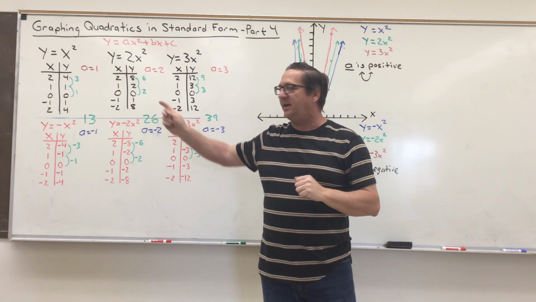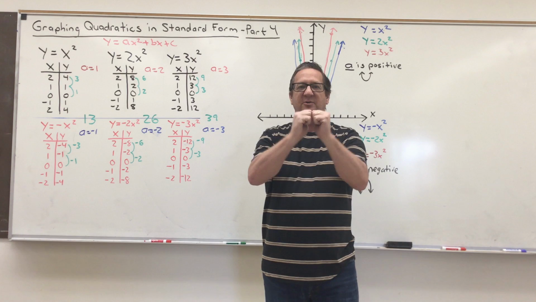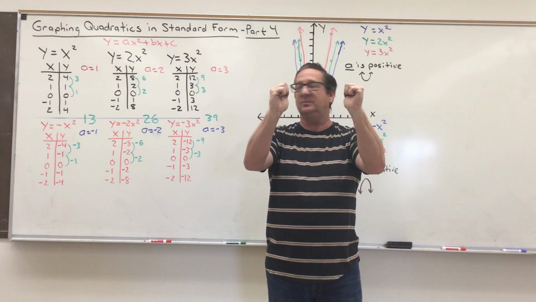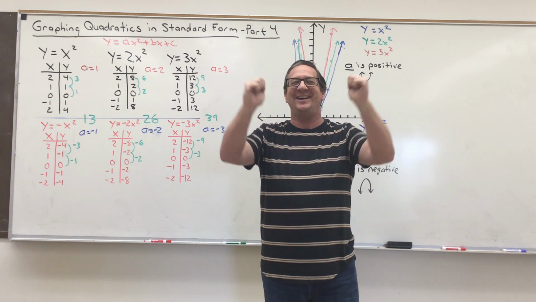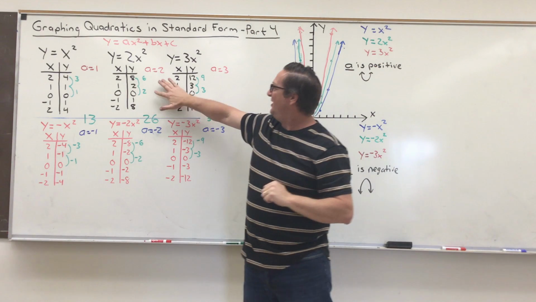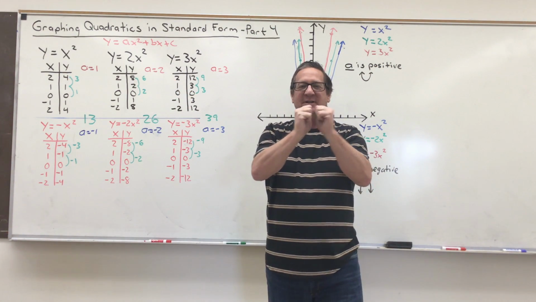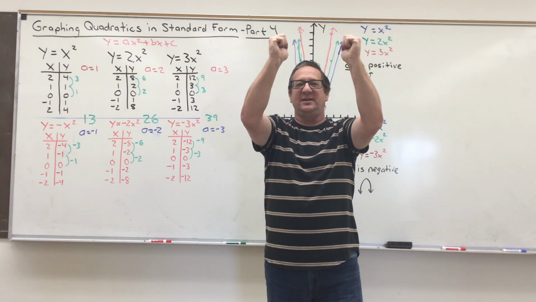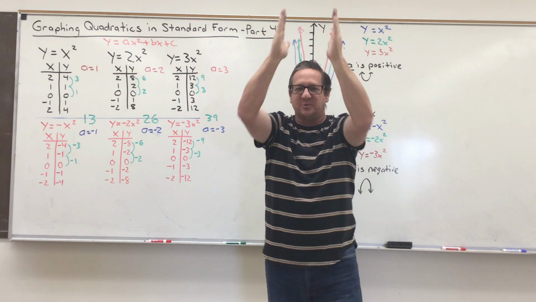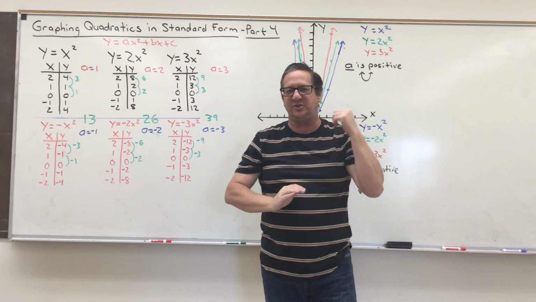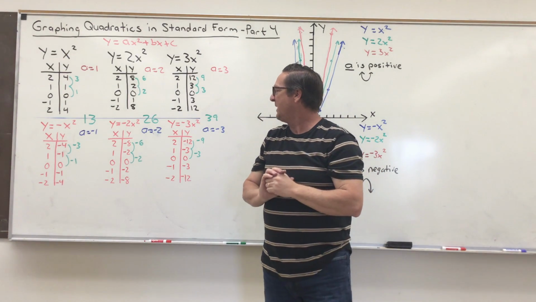Now, the other day I was making this motion going, okay, we go up 1, and then we go up 3. Notice here the pattern, when A is 2, we go up 2, and then we go up 6. So we're going to get this steeper parabola, which you can kind of see behind me right here.